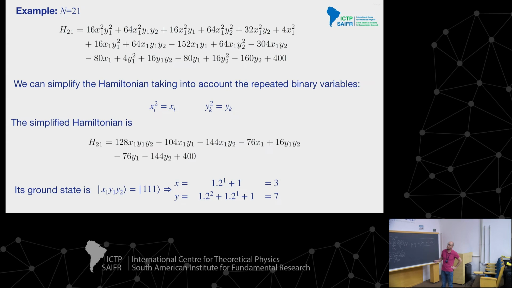This means that this cost function, when it equals 0, we found the solution to the problem. And if you return it to the expressions of x and y, as you can see here, you'll find that the value of x is 3 and the value of y is 7.